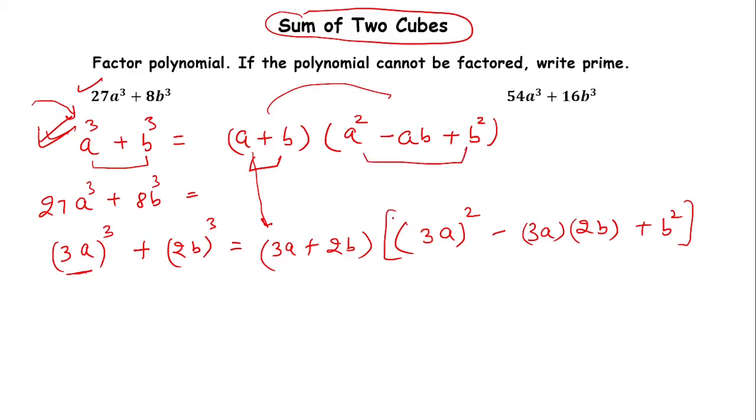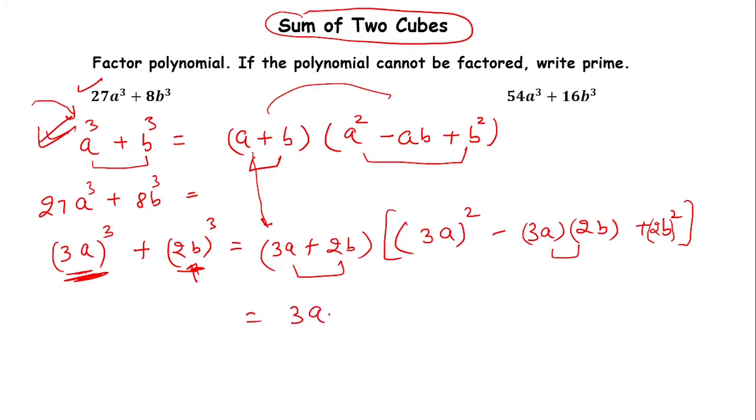Same thing I am doing here. This is the cube of 3a, this is the cube of 2b. So the sum of them, then 3a square minus the product of the numbers plus 2b whole square. 2b whole square, because it is 2b, it is not b only.